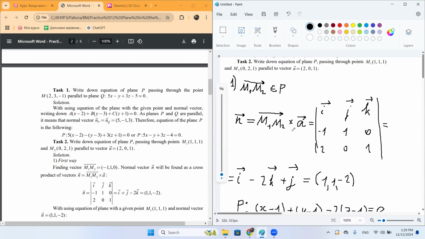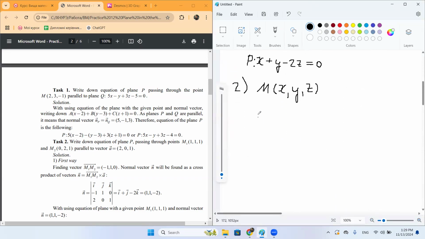Okay, I will remind you: three vectors are called coplanar if they can be placed in one plane. And the condition is that three vectors are coplanar if and only if their mixed product is zero. So we need vectors.